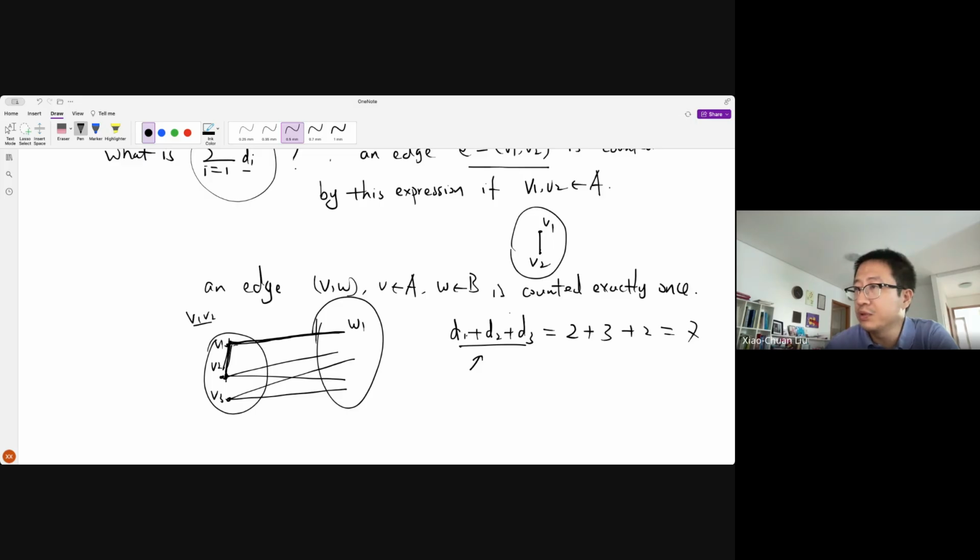Because when you put D1, this 2 is this edge and this edge, right? And when you count D2, what is D2? D2 represents this edge and this edge, these 3 edges. And in particular, this V1, V2 you counted twice because 2 vertices of this edge belong to A.